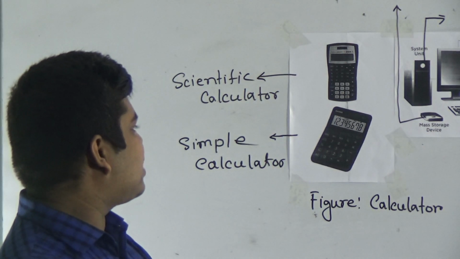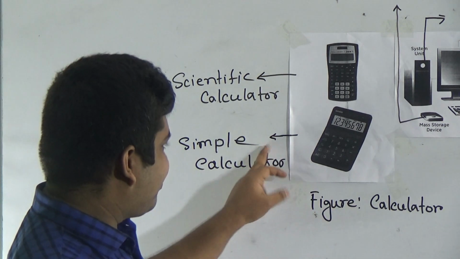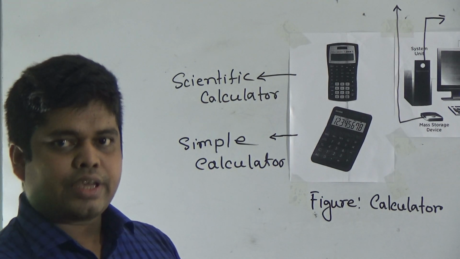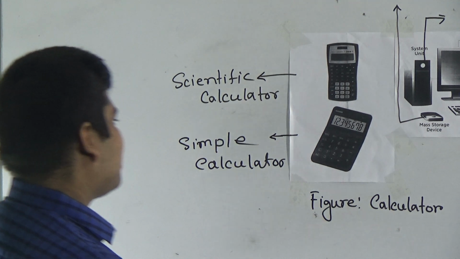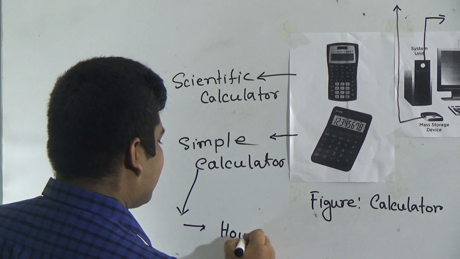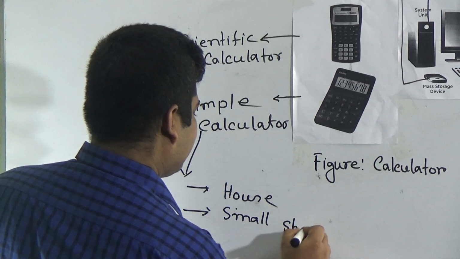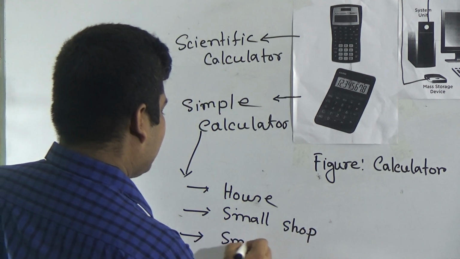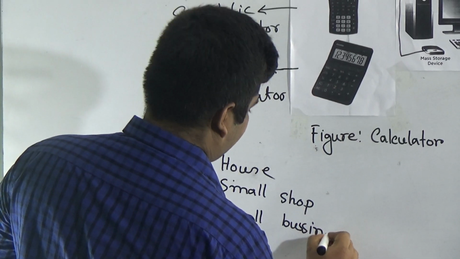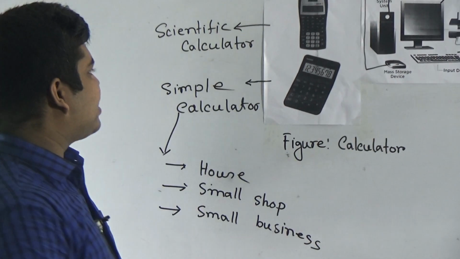Now, if I ask you in which sector simple calculator is used, simple calculator is used in our daily activities, at our house, in a small shop, in a small business. I hope you have understood.